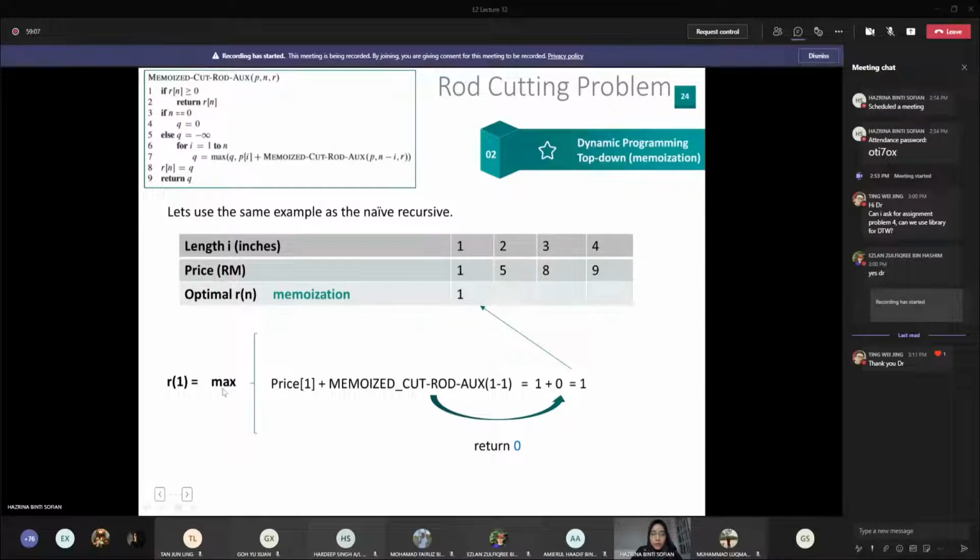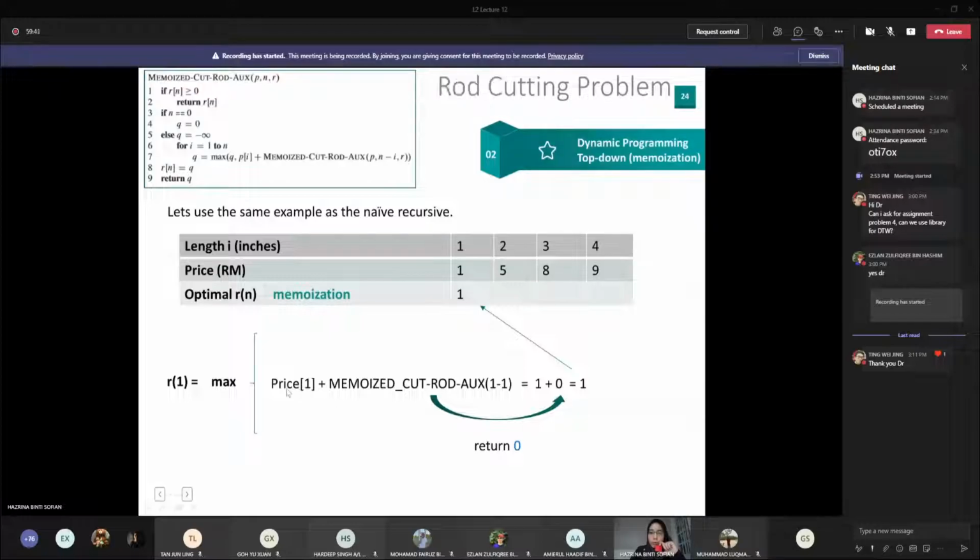R1, max. What is the maximum value for the price? This one is when n equals 1. We just want to know, let's say we have this one, how much money we can earn, maximum.